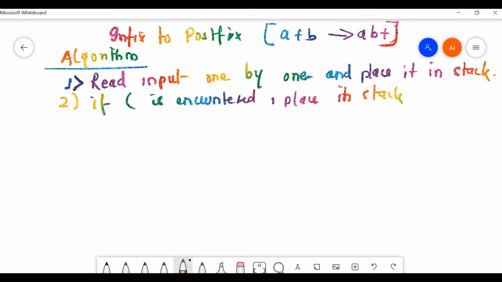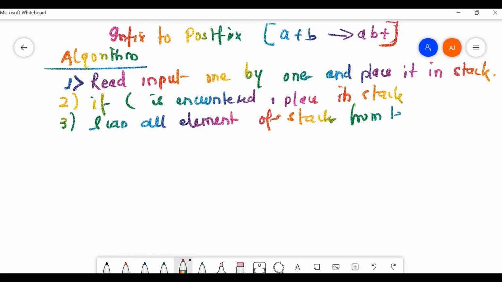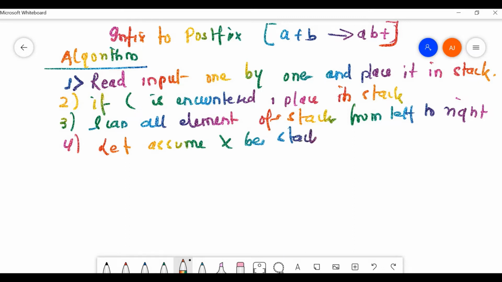Third number, scan all elements of the stack from left to right. 4. So let's assume x be the stack, we are assuming this, and y be the output.